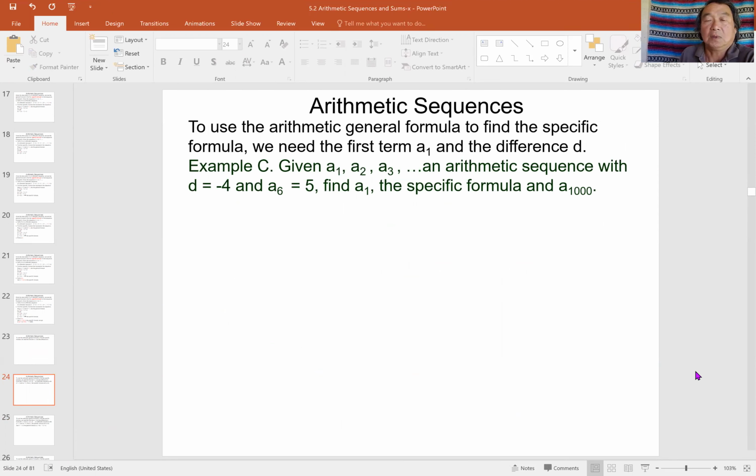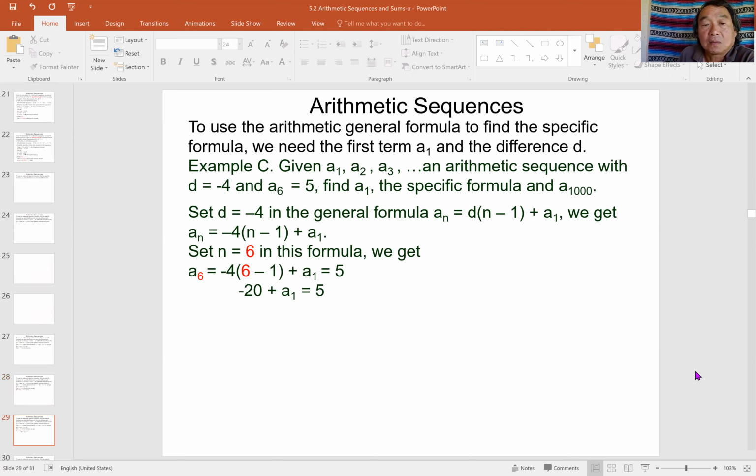Basically, you have to go back and find the A1, because the general formula needs that A1. You find the A1 first, and D is known, so all you have to do is plug the D and A1 in, and then you get it. And this is the calculation you go through.